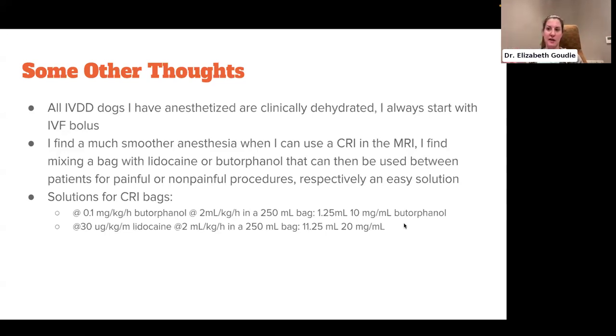But I would say that it's not uncommon for me to be using ACE and methadone or Dexmed and methadone for a lot of my back patients. And I do CRIs for most of my MRI patients. So yes, there is some mixture. I think that this obviously includes the GI protectants, the extra concerns about respiratory compromise. So that's a good question. I don't think it varies tremendously, but these guys just have a little bit more risk.